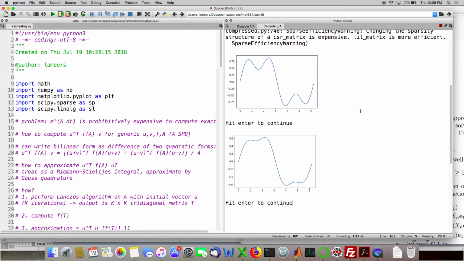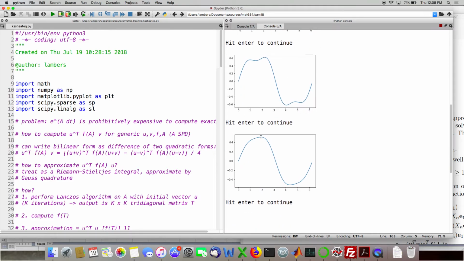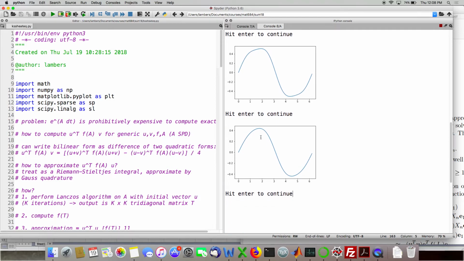And what we see is that the solution is smoothing out. Also, if you look closely, it's kind of hard to see. On the vertical scale, it started out 1 plus or minus 1.5. Now it's 0.75, 0.6. It's diffusing, smoothing out, gradually decaying to 0.